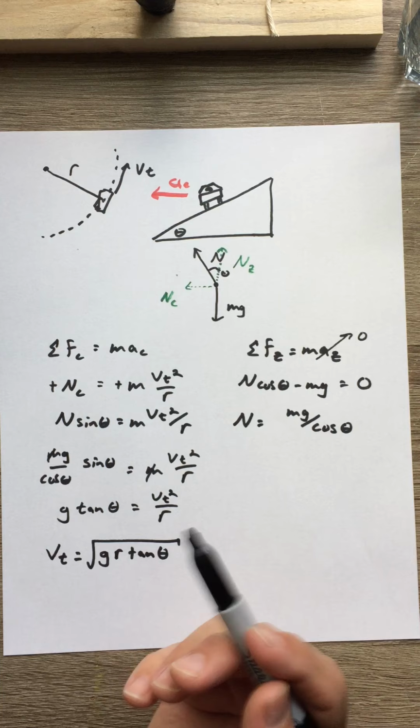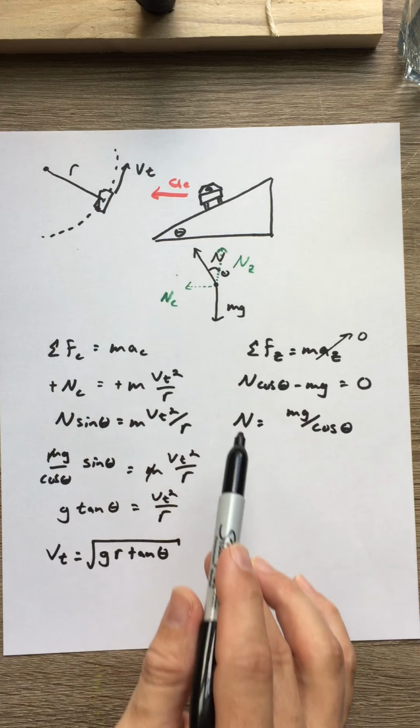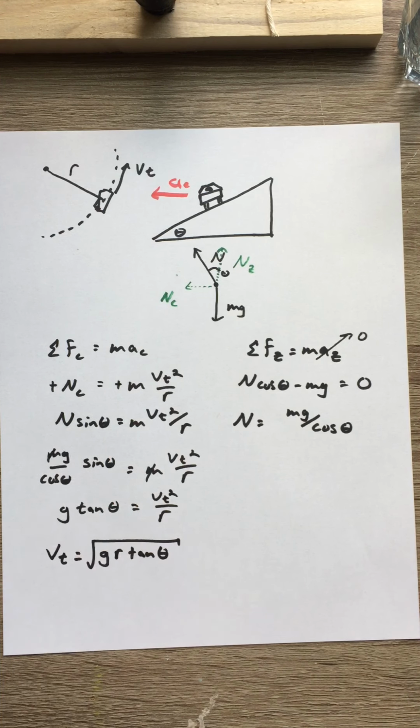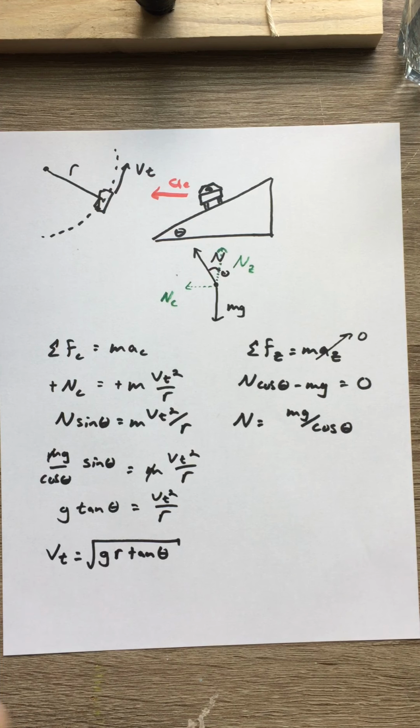That is, I don't have to turn my steering wheel. I don't have to depend upon any friction between the wheels and the surface of the road. I just turn. So if I drive into this curve and don't touch my steering wheel, but I'm moving at this velocity, my car just turns naturally. This is actually why they bank curves.